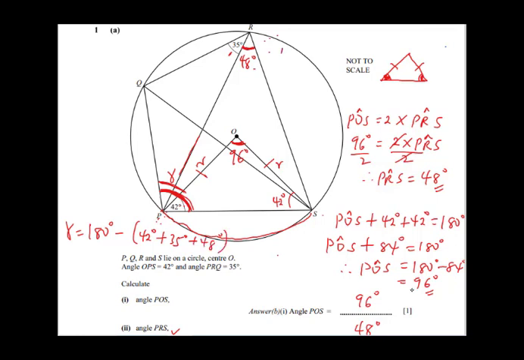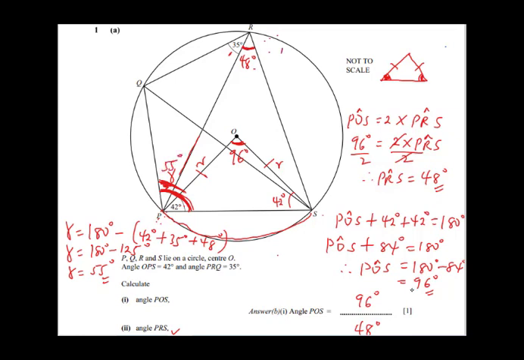I think that's clear. It is gamma that I'm finding now, not SPQ. If you add 42 plus 35 plus 48 and subtract from 180 degrees, we have 180 degrees minus 125 degrees, so gamma equals 55 degrees. So this small angle here is 55 degrees.